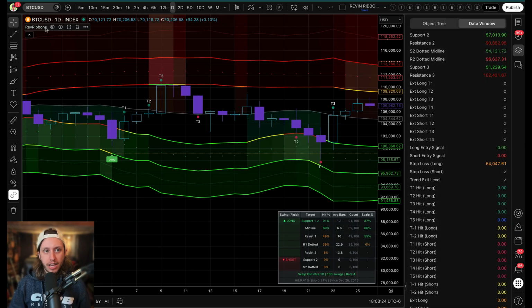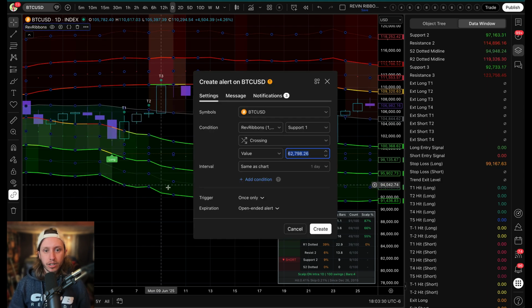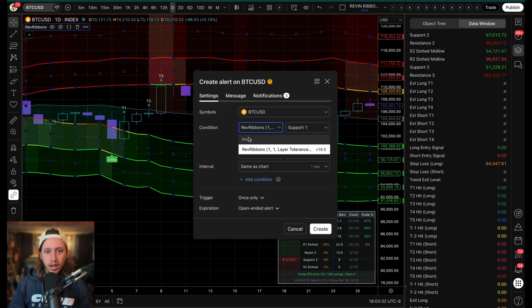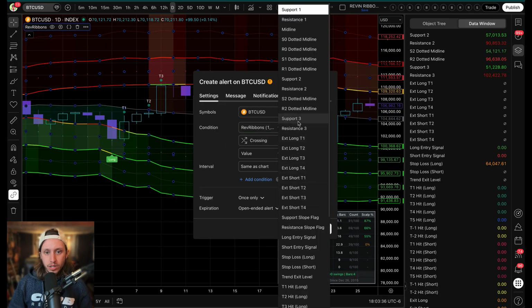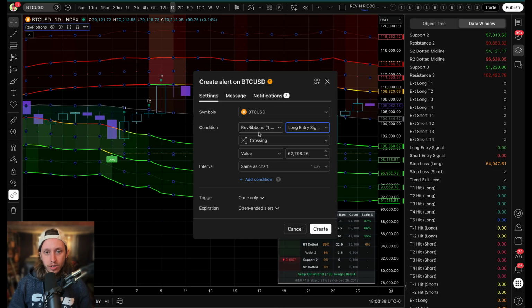So if you make an alert, let's go ahead and just do that right now. Add alert. You're going to say, what was our long entry signal? Crossing value 1. I believe that's crossing up.